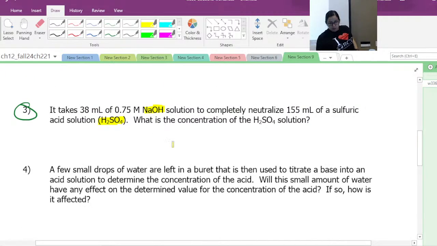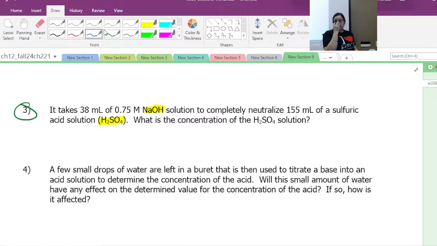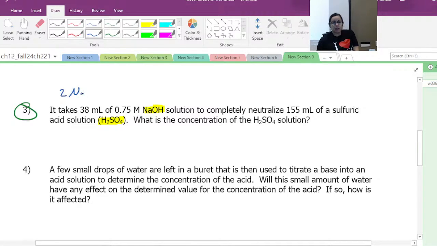So let's at least check in. What was your balanced equation? Because that was the tricky part of this one, a little different than we had seen. Sodium sulfate.